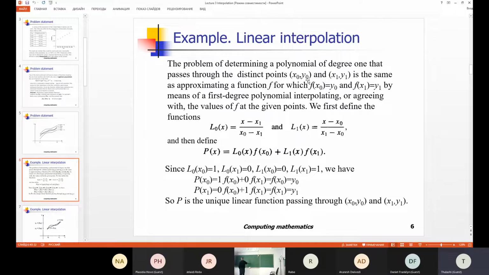We have 2 points, x0, y0, and x1 and y1. If we have 2 points, the answer for my question, how to interpolate the data, is very simple.